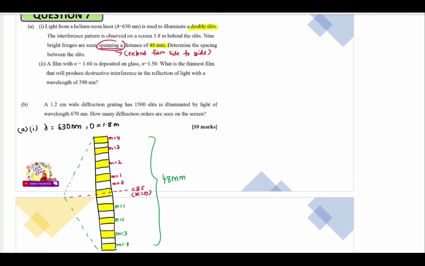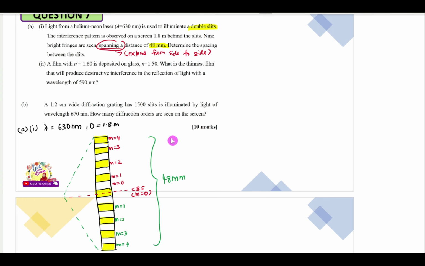Kalau saya tanya awak, what is the order number yang kita nampak on the screen tadi? Kita memang nampak 9 bright fringes, but the order number M is not equal to 9. Central bright fringe, the order number is M equal to 0. Pada one side yang ke atas dan bawah, this is up to 4th order.